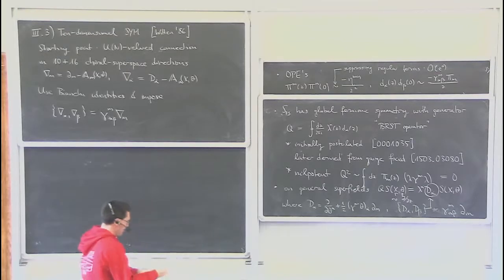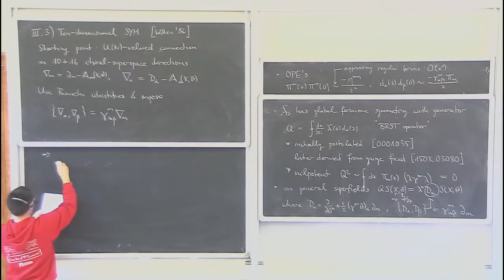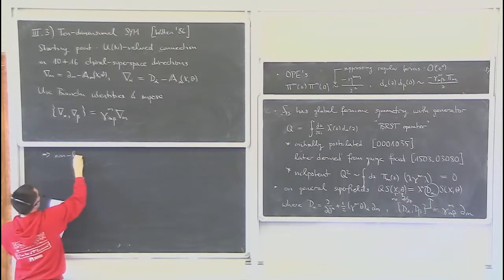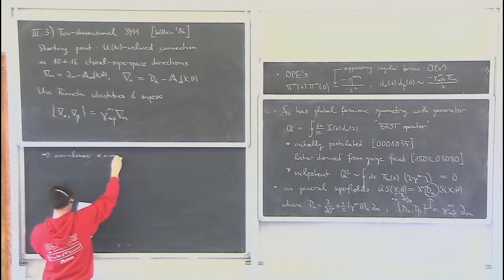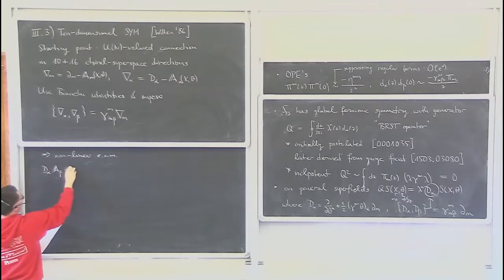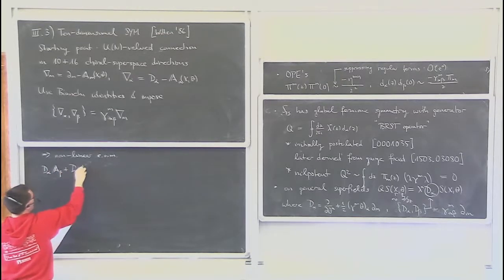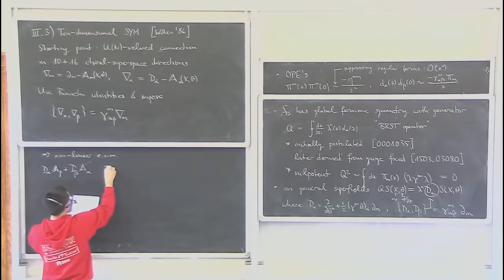By Bianchi and this manually imposed condition, we arrive at the following nonlinear equations of motion. Namely, for each of the connections, we want to have a statement on their fermionic covariant derivatives. We want to have something to say for each D alpha.